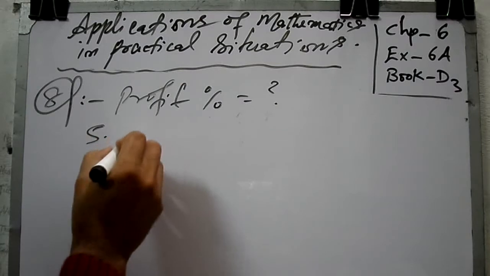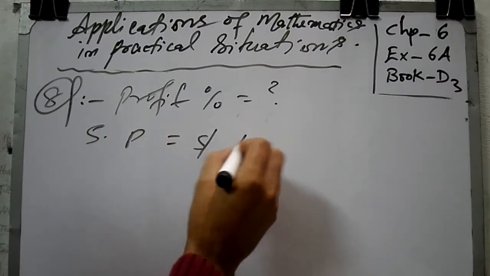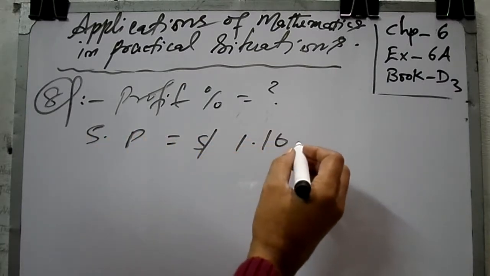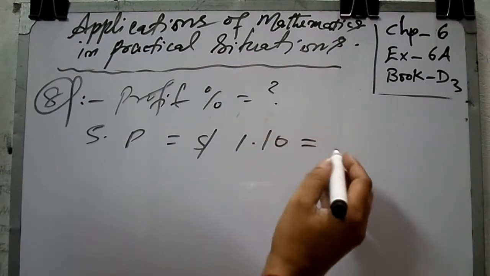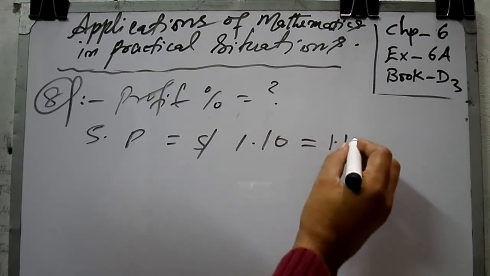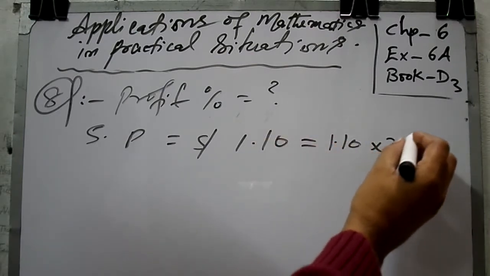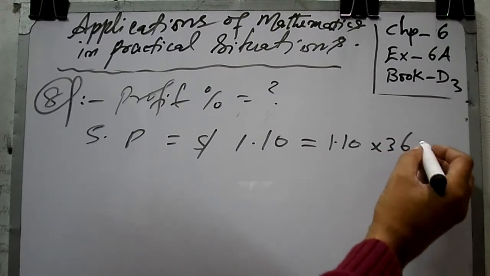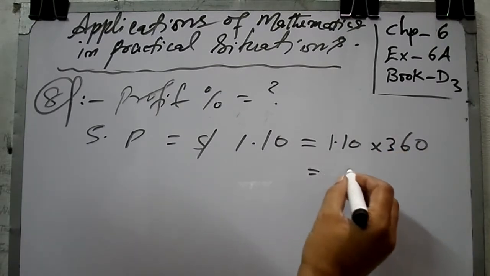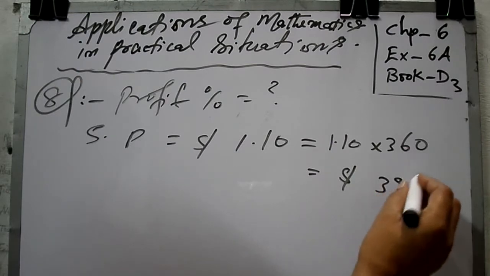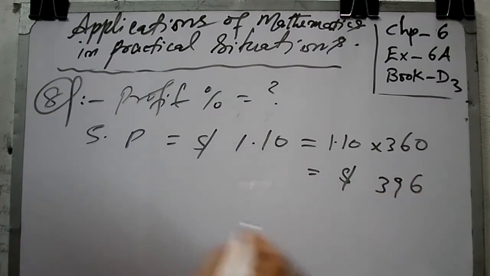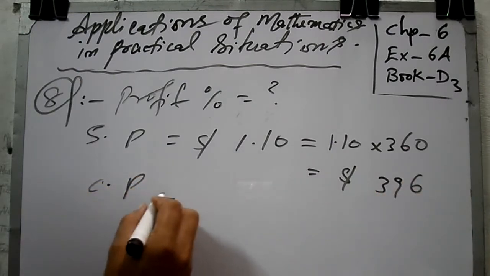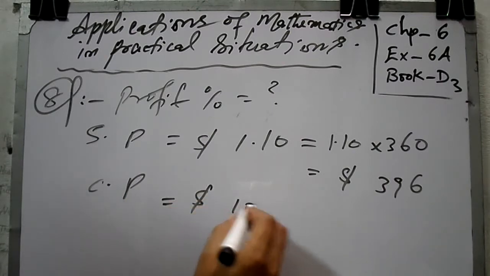Then the sale price is $1.10, which is equal to 1.10 multiplied by 360, that is equal to $396. So the cost price, that is $10 per dozen.